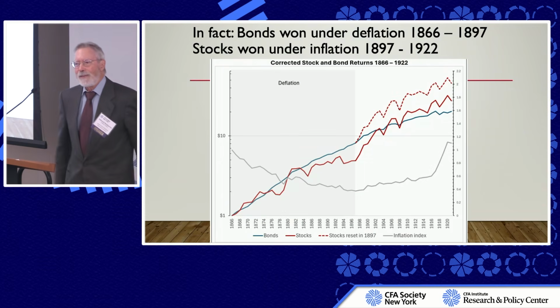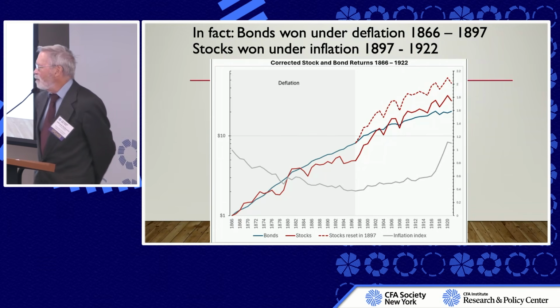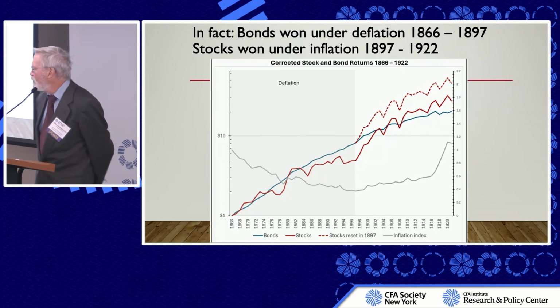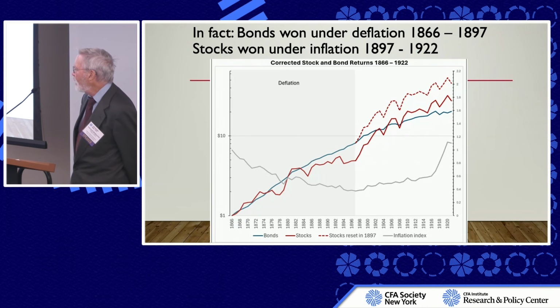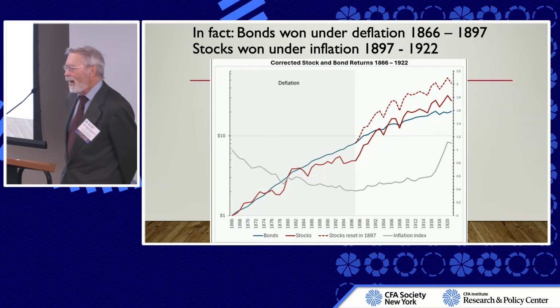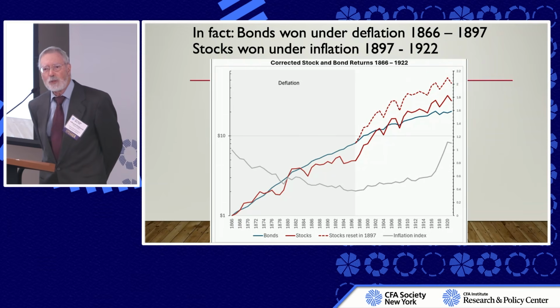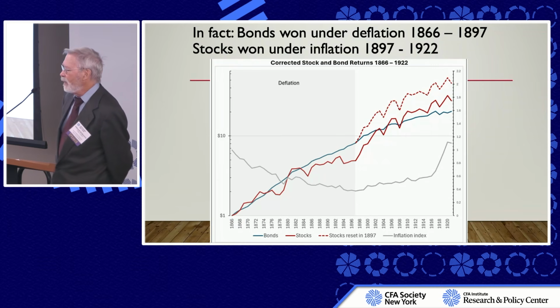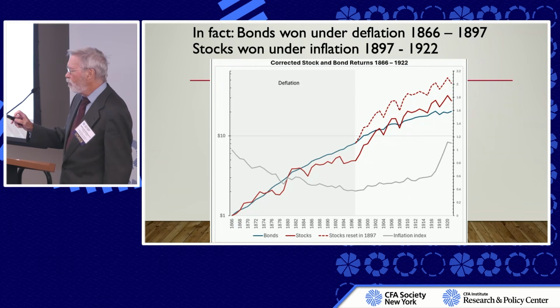Which got me thinking, hey, I've got bond data back to 1866. I've got stock data from Cowles and from Crisp rather, and I found that the conventional wisdom was right. Stocks underperformed in the gray area. Once reset at the end, they outperformed under inflation.